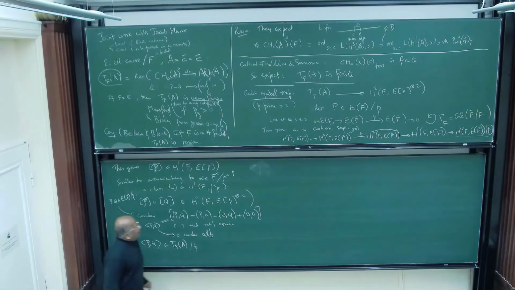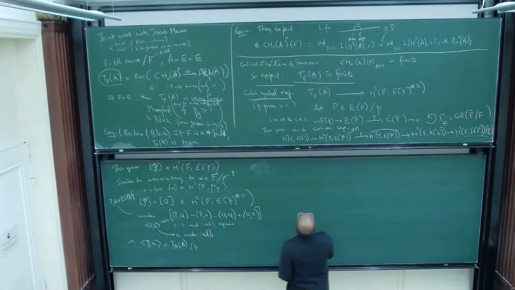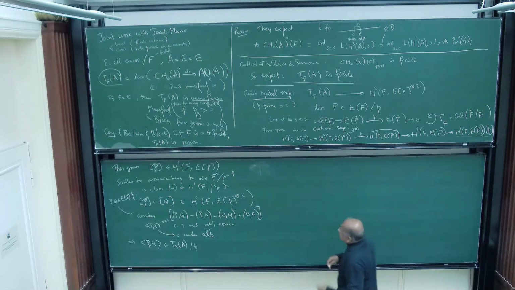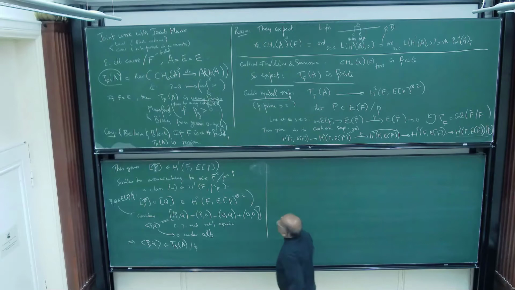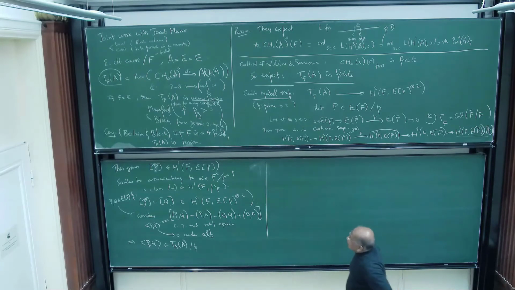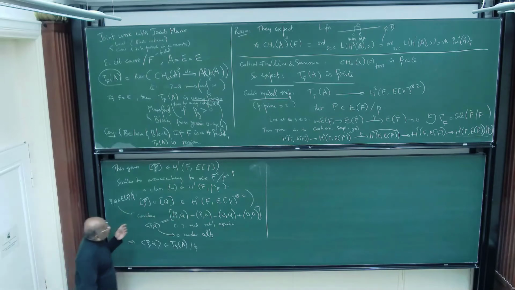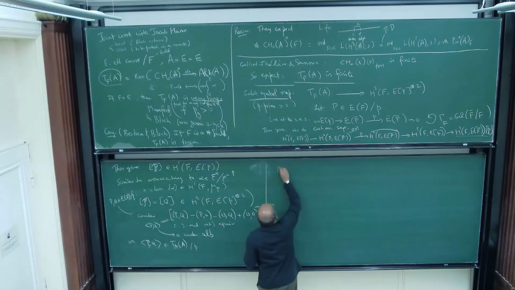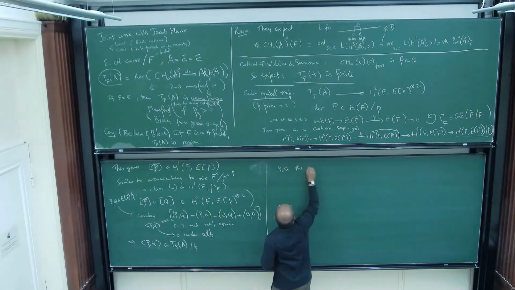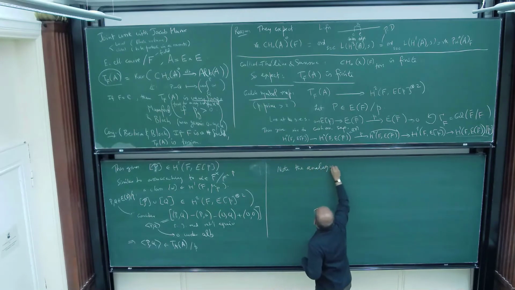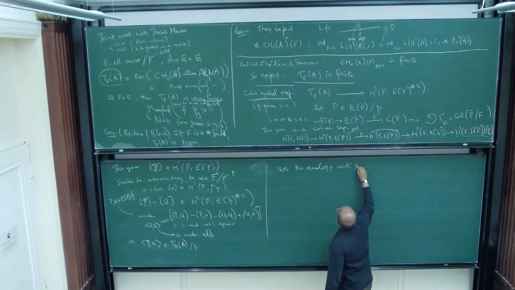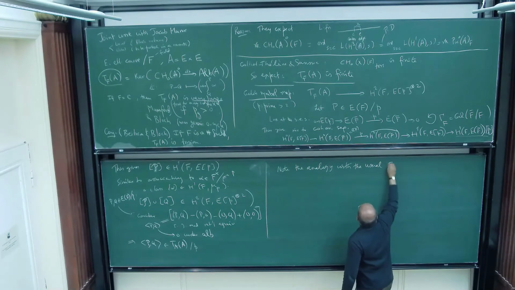Sorry. Okay, so that actually is a map, but then you have to say something about the structure of T. Again, I should say that this is similar to the usual Galois symbol, so note the analogy with the usual Galois symbol.